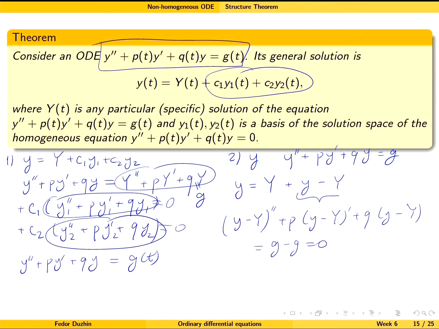So this y minus y capital is indeed a solution of the corresponding homogeneous equation, which means it can be expressed as a linear combination of basis solutions. So the theorem is proved.